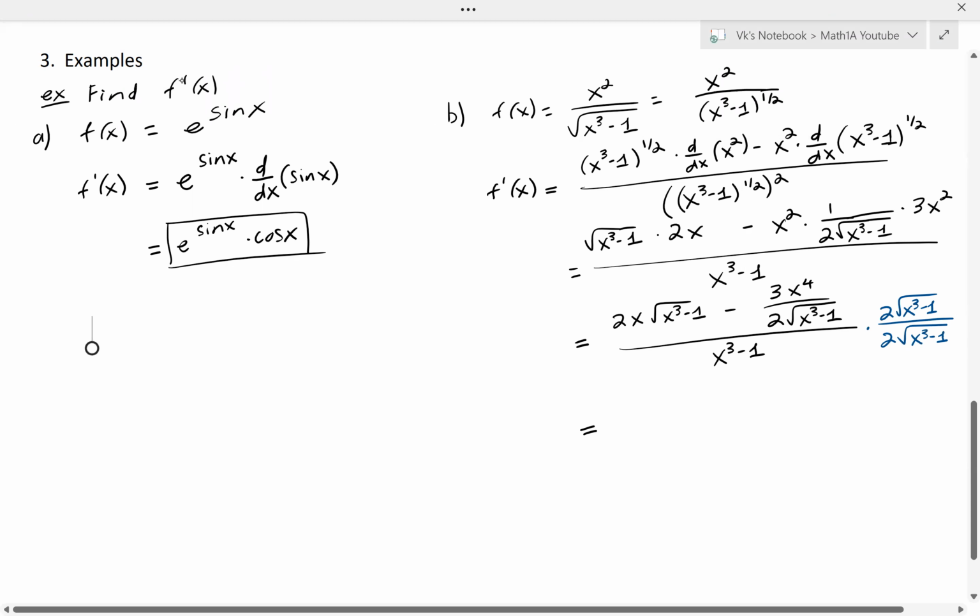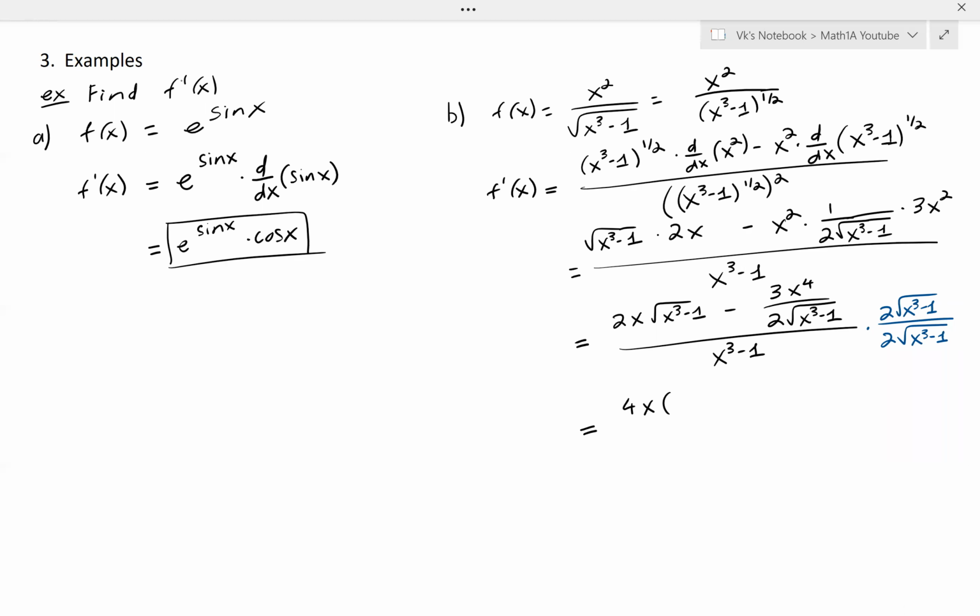And this gives us 4x times (x to the 3 minus 1), minus 3x to the 4th, over 2. So we have 1 plus 1 over 2, (x to the 3 minus 1) to the 3/2.